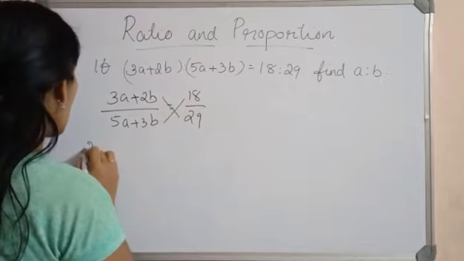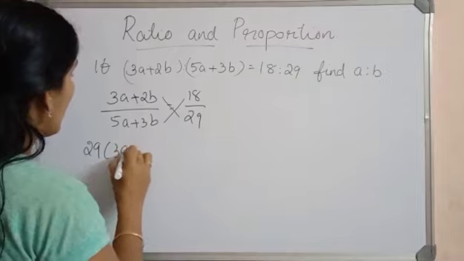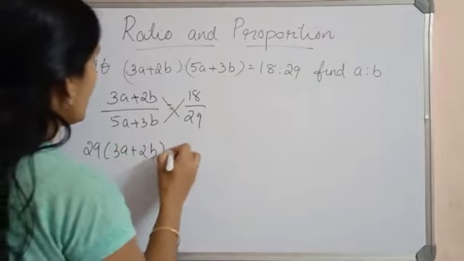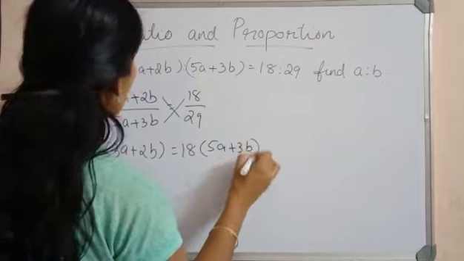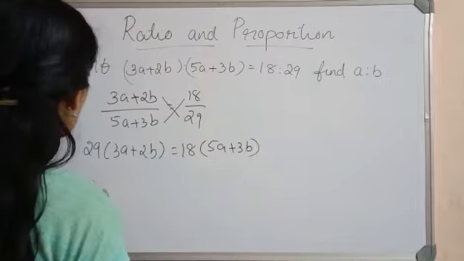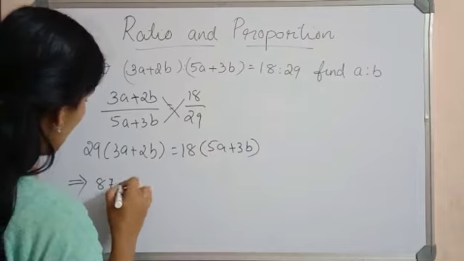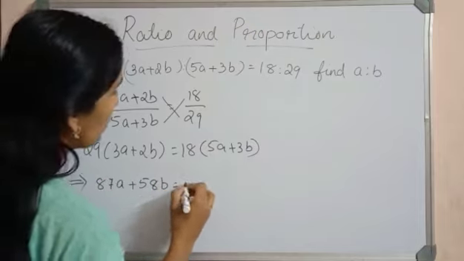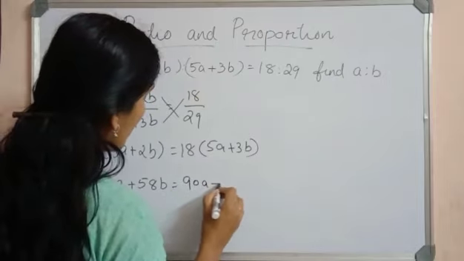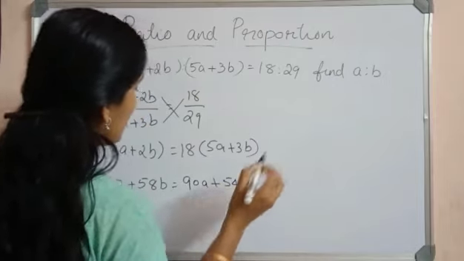You get 29 into 3a plus 2b is equal to 18 into 5a plus 3b. So that is 87a plus 58b is equal to 90a plus 54b.